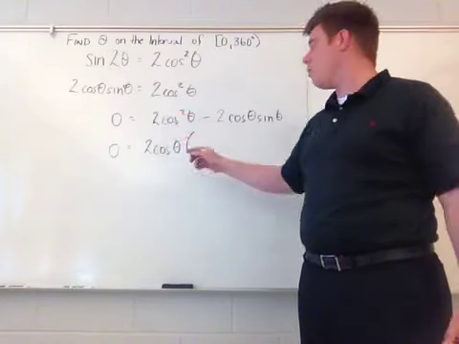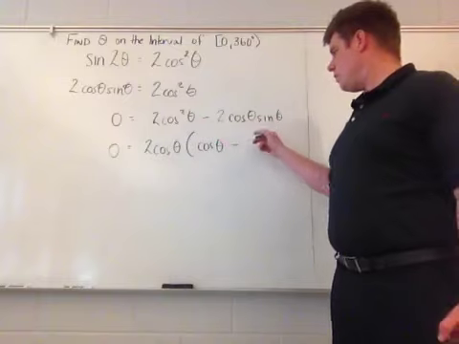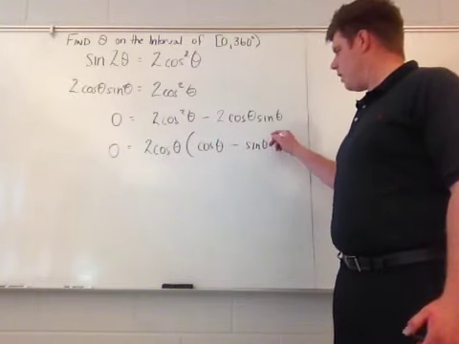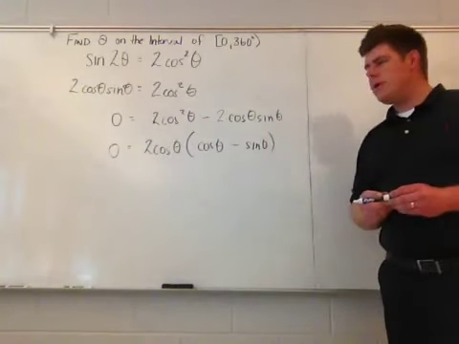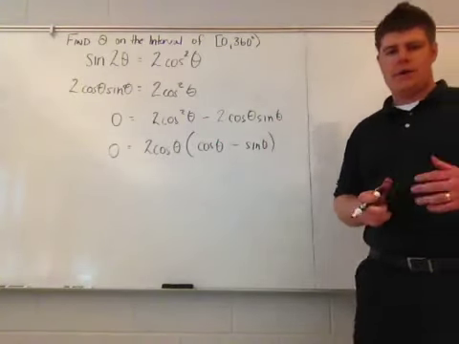That's just cosine theta, minus, and if I take that out, I'm left with sine theta. This is a very important process: what was a subtraction problem, a difference, is now set up as a multiplication.